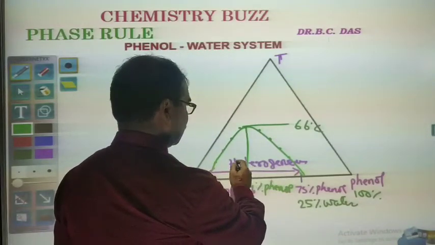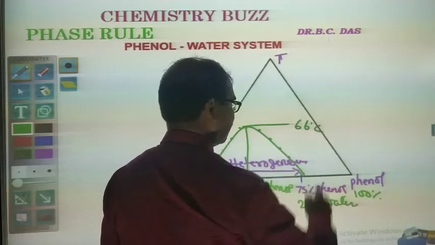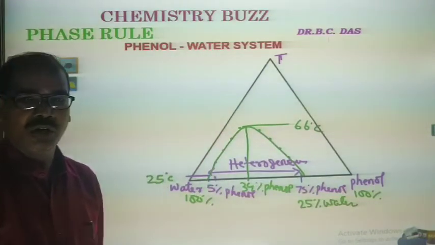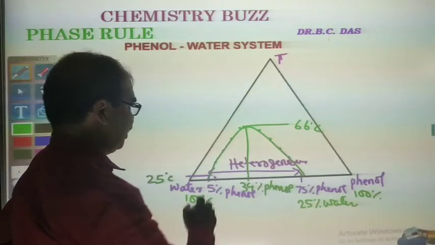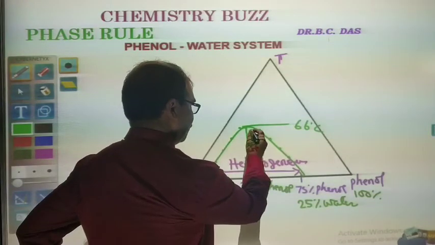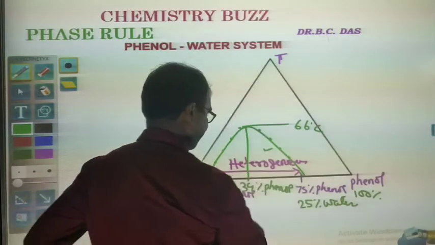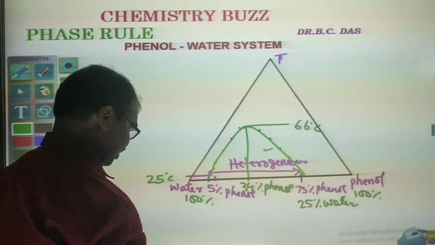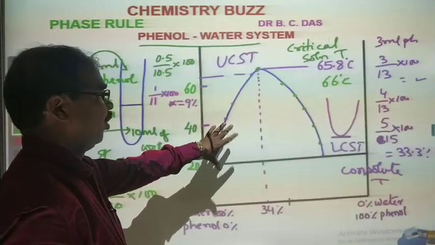So this is called the upper critical solution temperature or consolute temperature. This curve is the temperature versus composition plot.